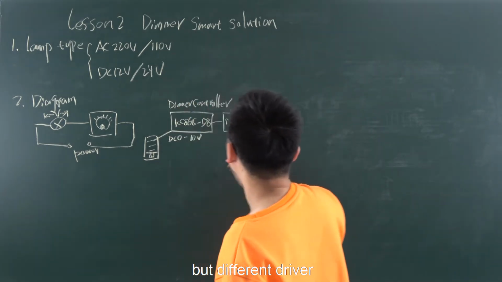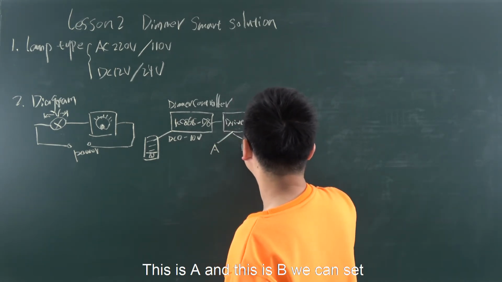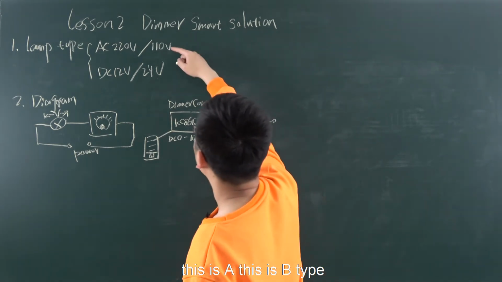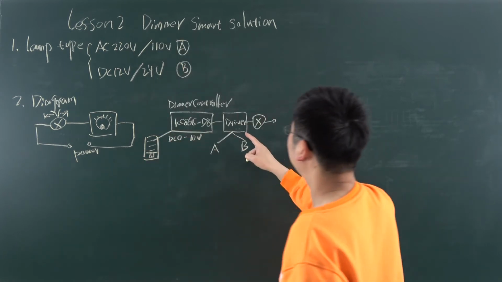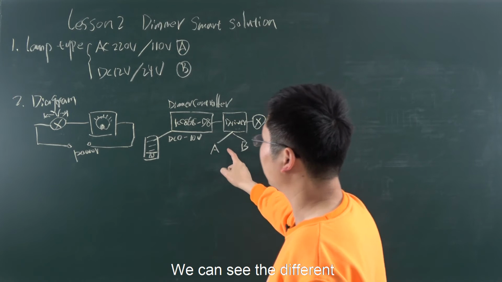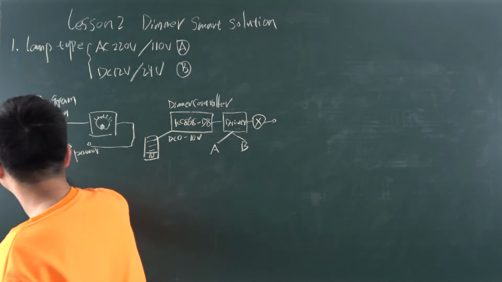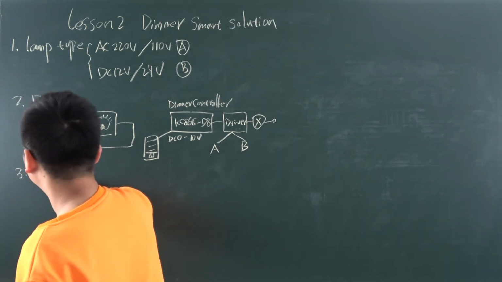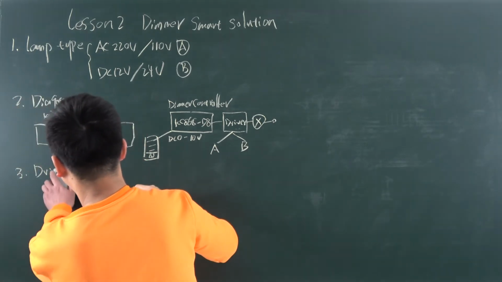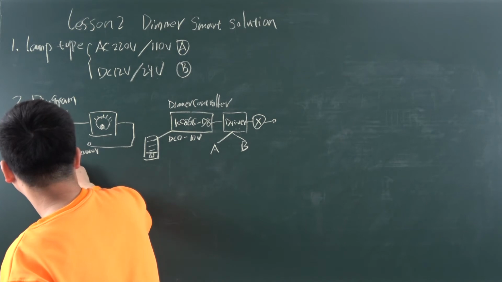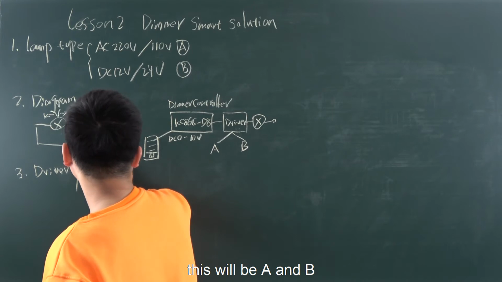These two lamps use different drivers. This is A and this is B, so we can set type A and type B. We can see the different types of driver.